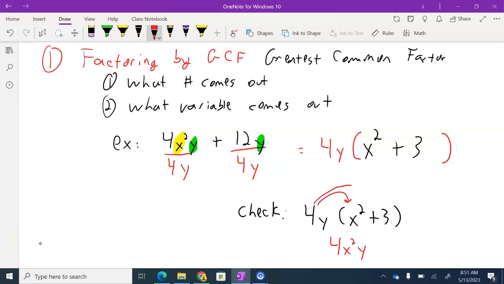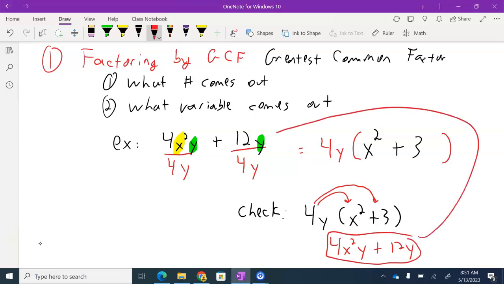And if you multiply 4y times 3, you're going to get 12y. And you can see how this is the same as the original one. So to summarize factoring by GCF, you divide out a number and you divide out a letter.